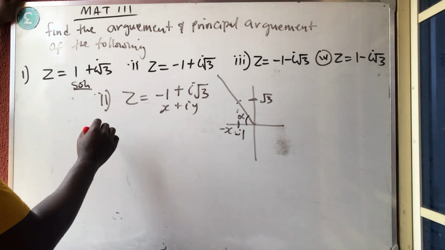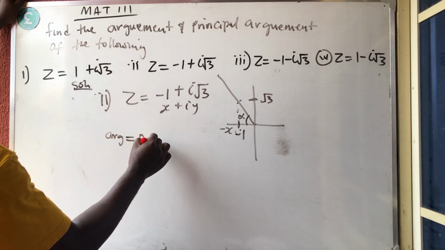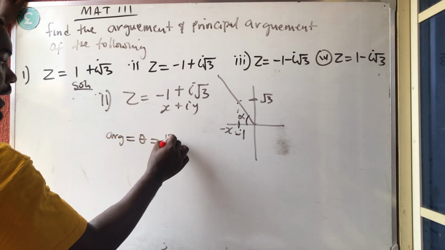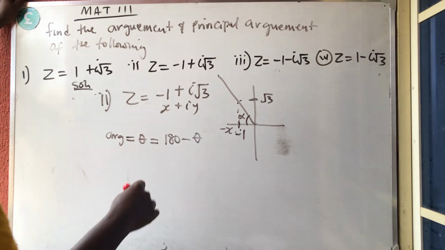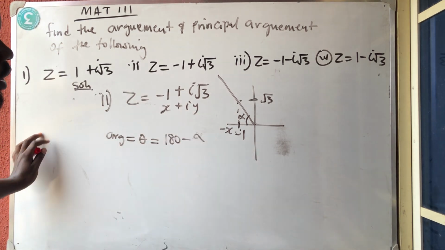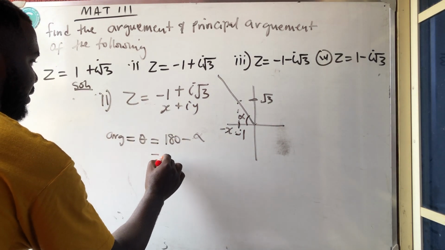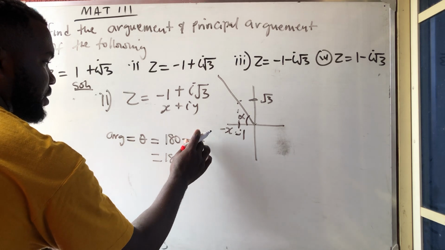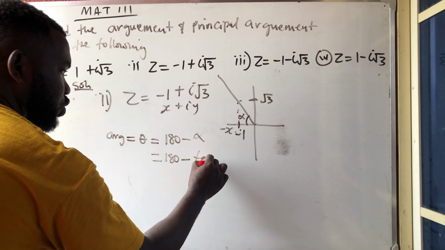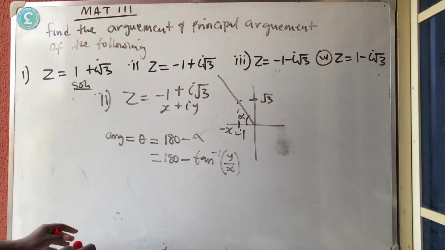So for the argument, the argument is equal to theta, which is equal to, I told you, 180 minus alpha. Why? Because it fell at the second quadrant. So what do I have now? 180 minus alpha, for the argument, is just the ordinary tan inverse of y over x, without absolute value.